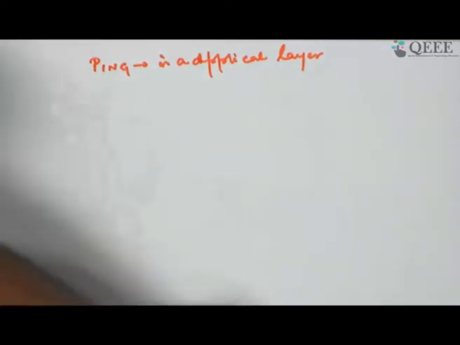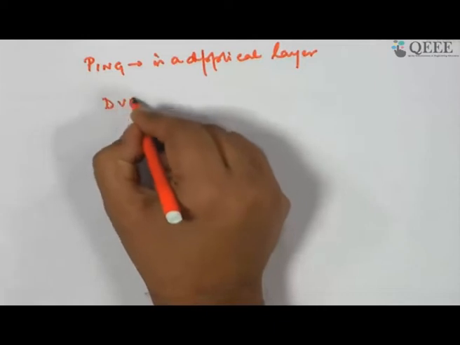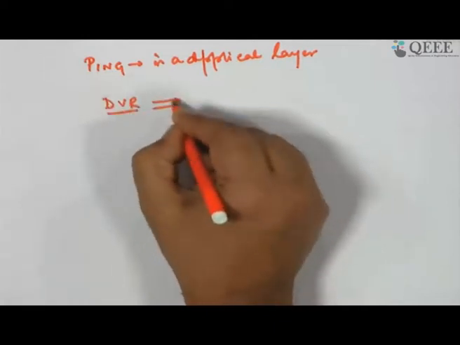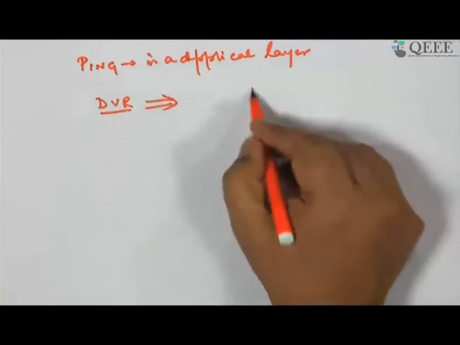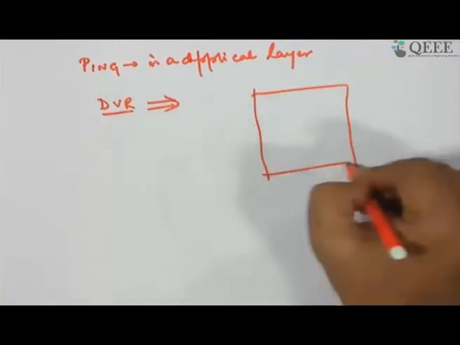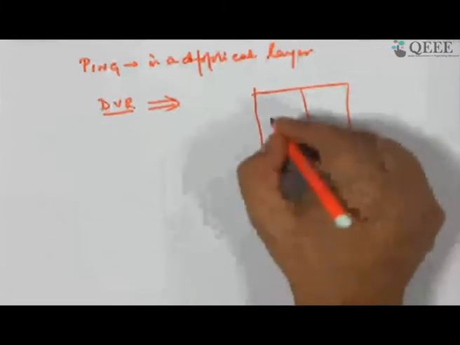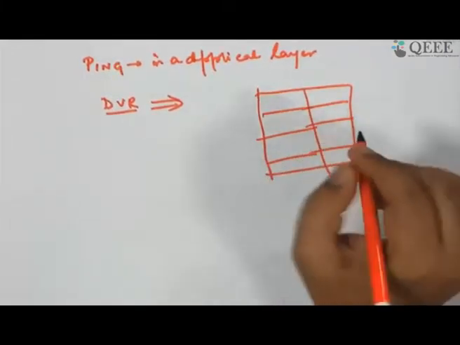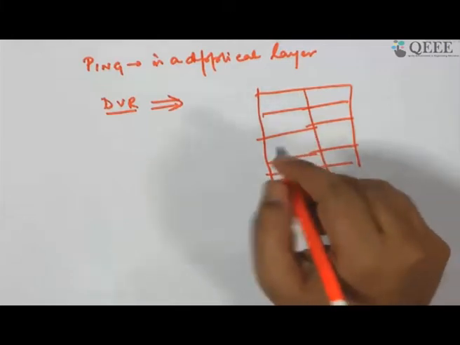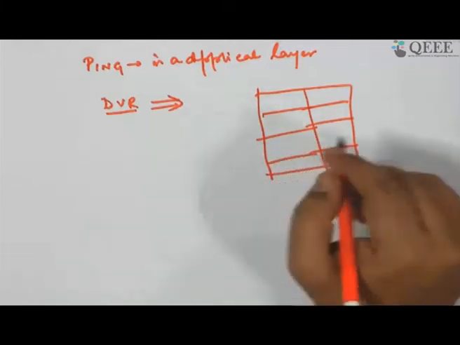So, from distance vector routing, ultimately what are all these routing algorithms producing? They are producing a routing table. Are we producing a stateful routing table or a stateless routing table?